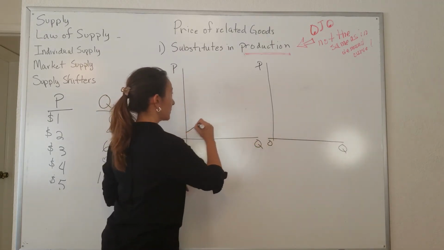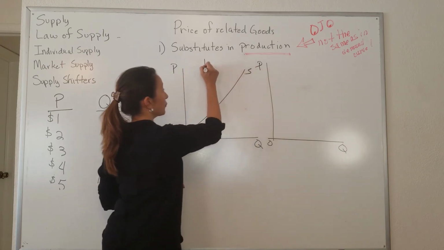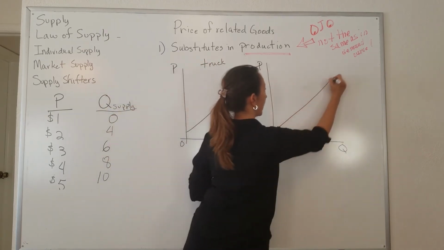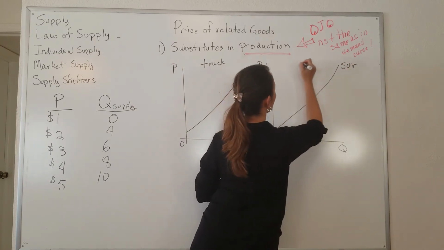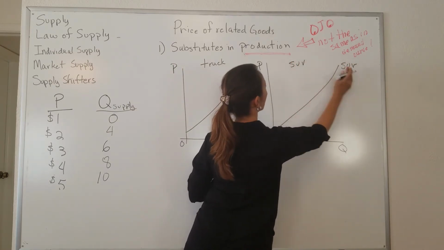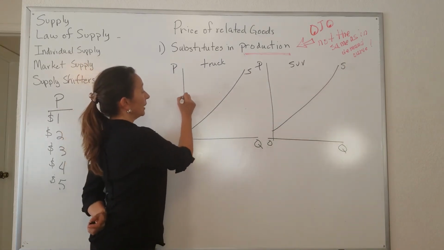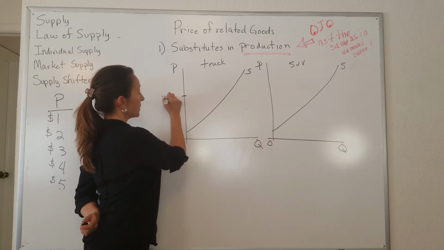So we're going to start with the supply curve for trucks and a supply curve for SUVs. Okay. Let's assume that a truck is selling for $30,000.